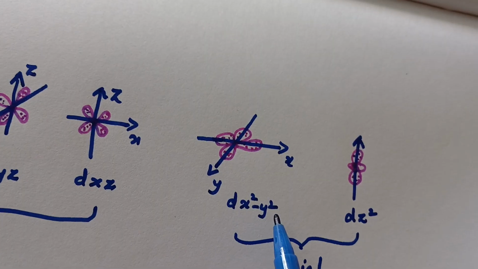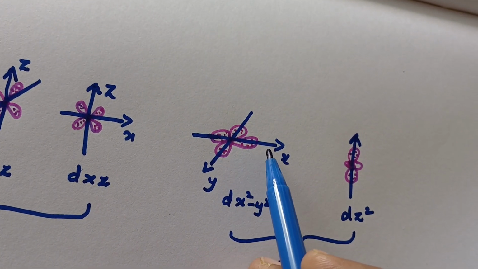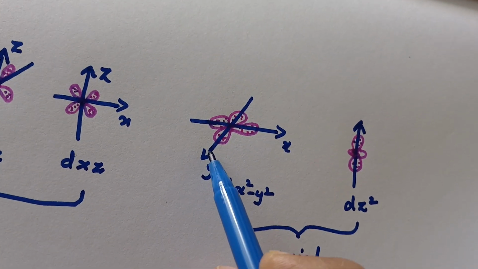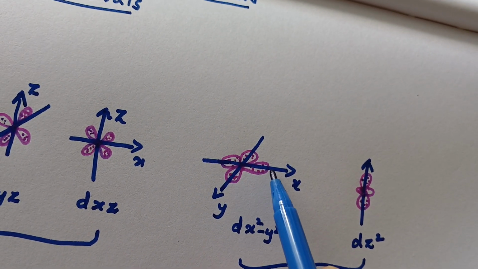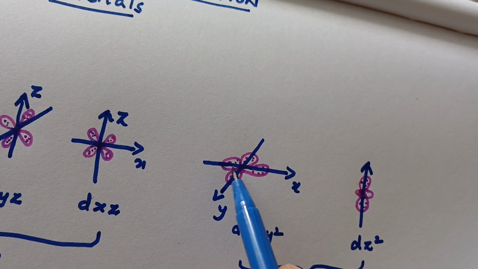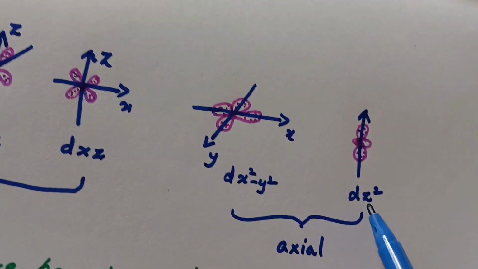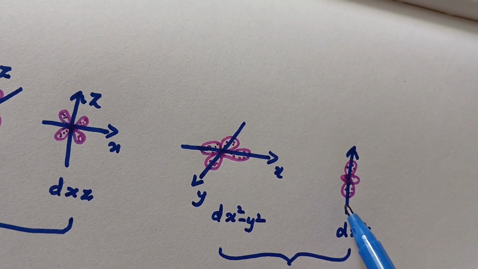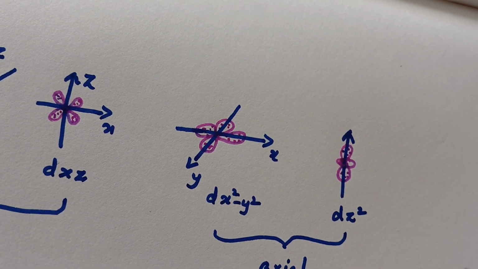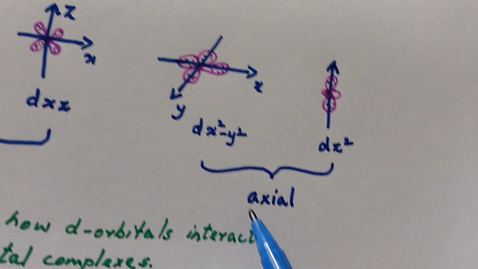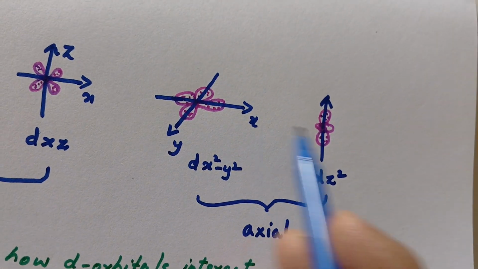That is, dx square minus y square lies along the x and y axis. You can see those lobes lying along the axis, not between. And dz square has a dumbbell shape with a donut or ring, a disc-like thing, in between. So they are oriented along the axis.